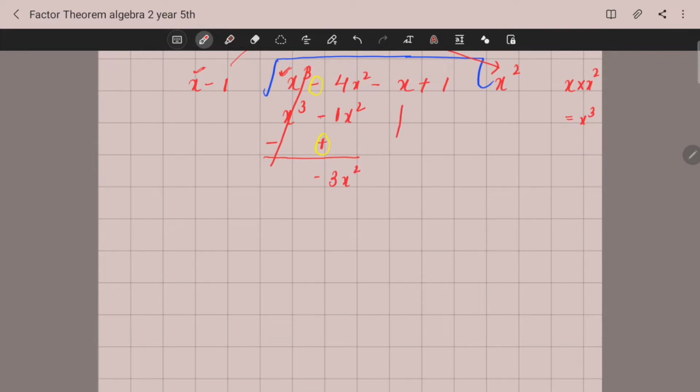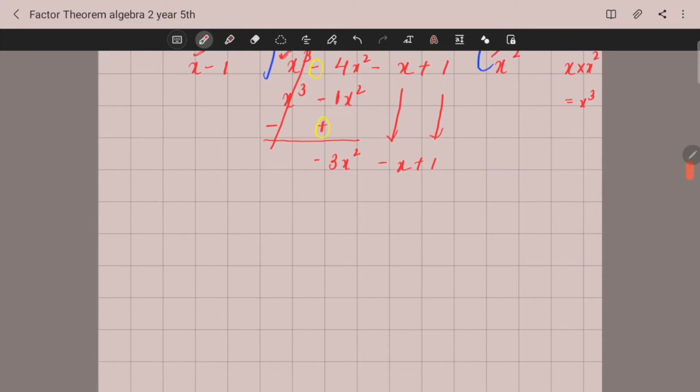After that, we write all the remaining values over here: minus x plus 4.